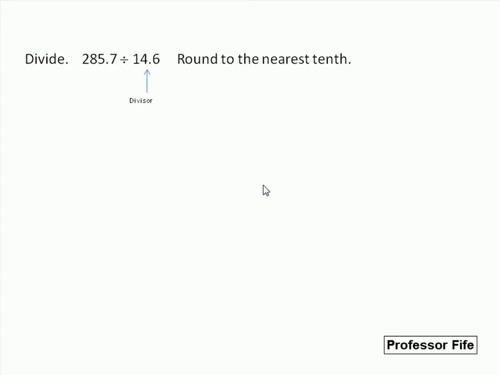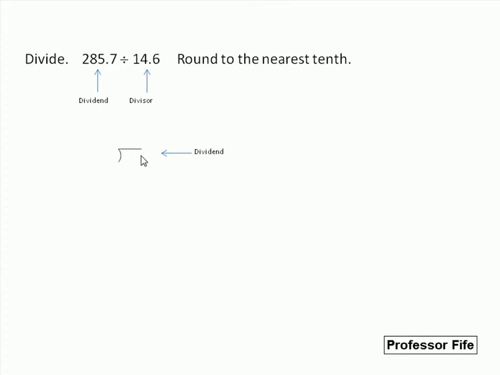So in a division problem we have two basic parts. We have the divisor, that's the number that you're dividing by, and you have the dividend, that's the number that you're dividing into. When we do the division, we're going to set this up as a long division problem. Use the long division symbol.